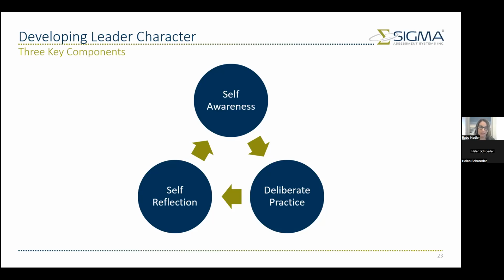So that would be, today, I'm going to try to be more collaborative in this meeting that I have. I'm going to ask questions and show some humility. I'm going to try to watch for that tendency to just give people the answers and not ask questions. And then self-reflection. So these things are interrelated and you can pretty much jump in anywhere you like.